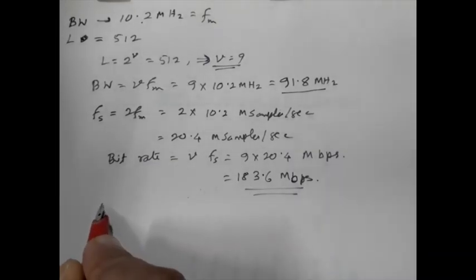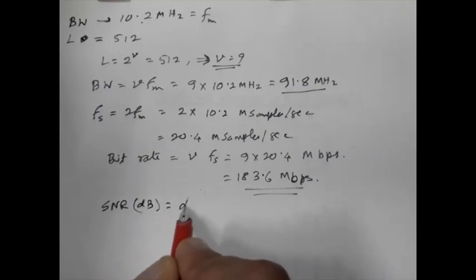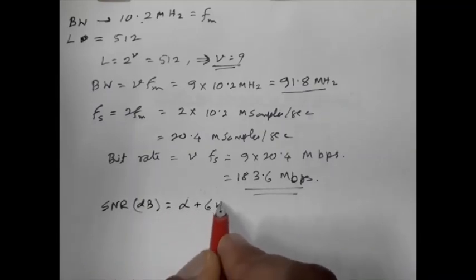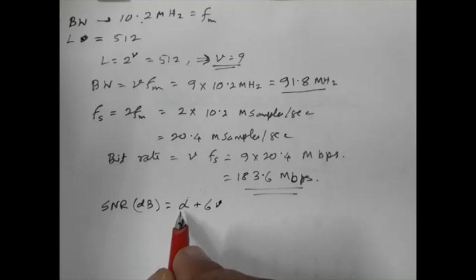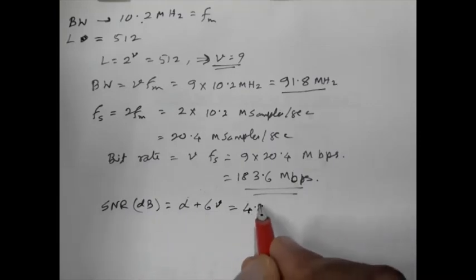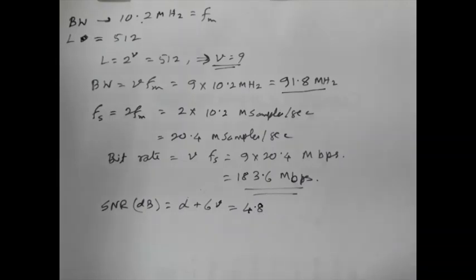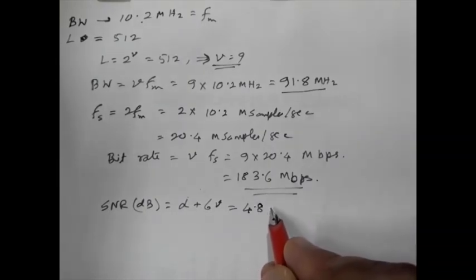Now you have already determined the expression for SNR in decibel, that is alpha plus 6n. Now alpha can be written as 4.8, assuming the power of the message signal is the peak power allowed, that is m square equal to mp square.